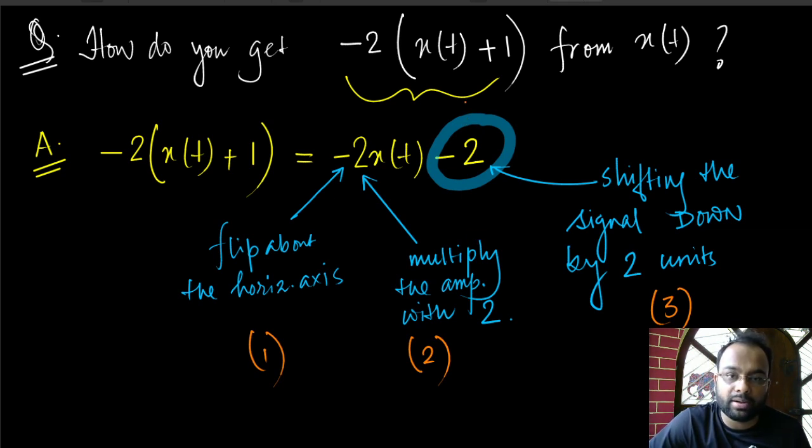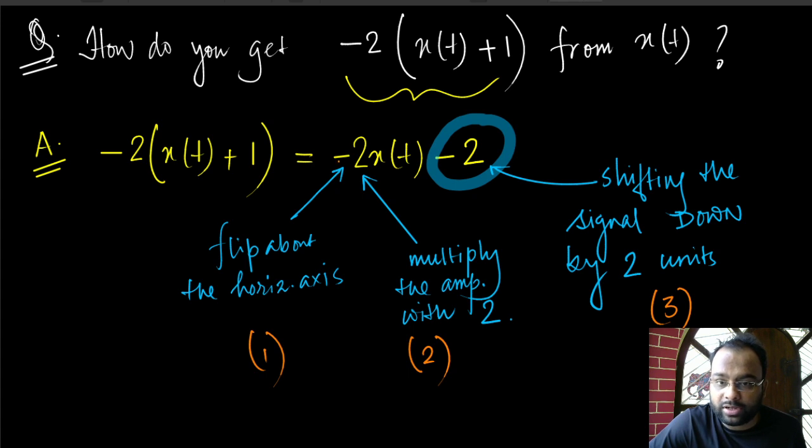If you shift the signal down by 2 units first and then multiply and flip, it will automatically be a wrong result. It will basically become minus 4 here. In any case, make sure to follow the precedence order.